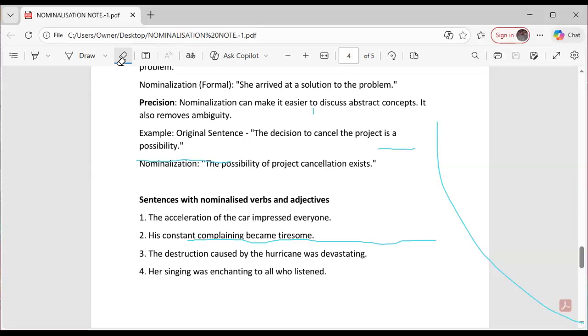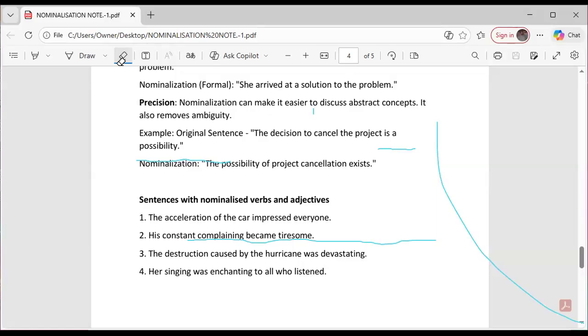Good. So we have, the destruction caused by the hurricane was devastating. What's the nominalized word there? Destruction. Correct. Destruction is a noun gotten from what verb? Destroy, or destructive, right? Correct. Very good.